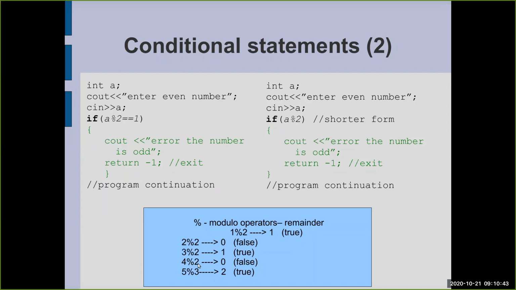The same for 4. Okay, for 5 modulo 3, it's 2. But to test even or odd numbers, we have to calculate the value of modulo 2.